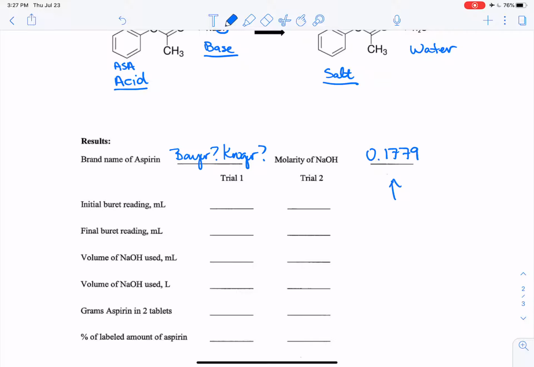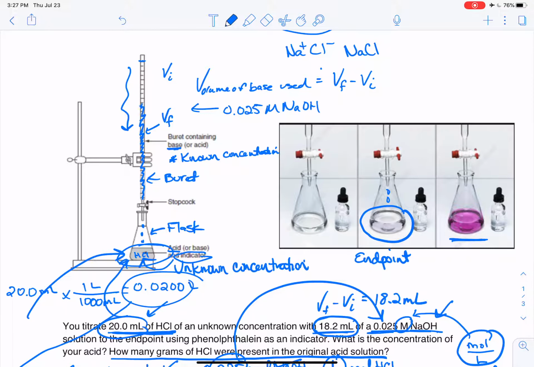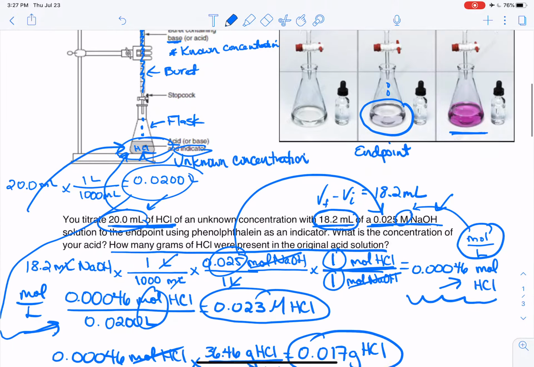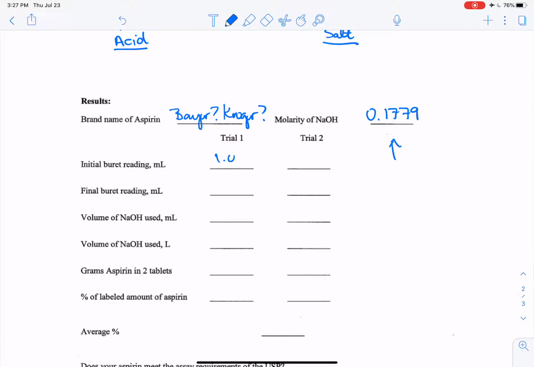All right, so maybe I fill up my burette with my base and I start at an initial volume of 1 milliliter, okay? And then I open up the stopcock and I let the base drizzle down into my acid, and I'm swirling my Erlenmeyer flask as I go.